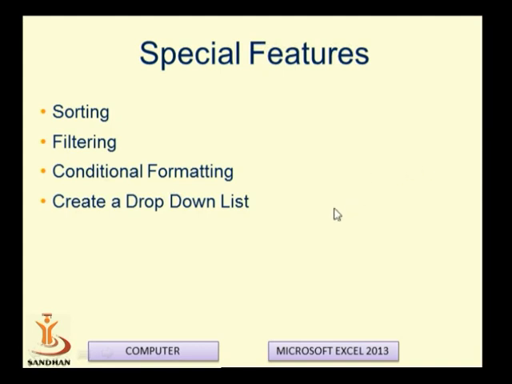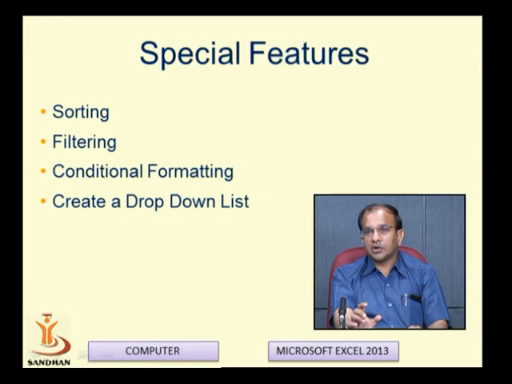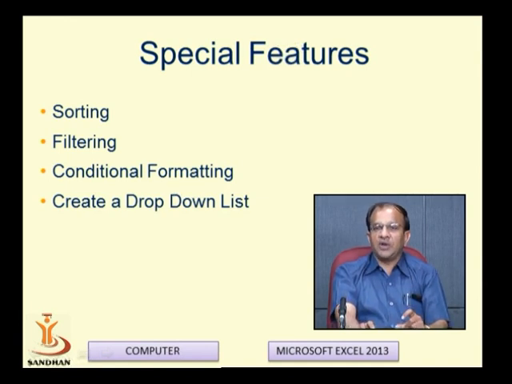Then we can also create a drop down list. Suppose you want to create a drop down list. First of all, you have to write the items that you want to list in the drop down menu. After writing all the values, you have to define those cells, the list of values, as a range. You have to give the range a name.